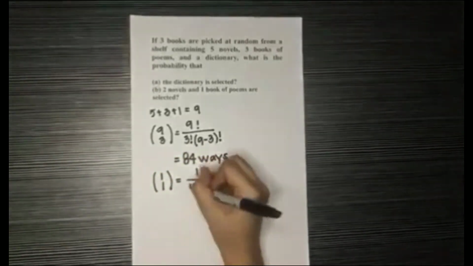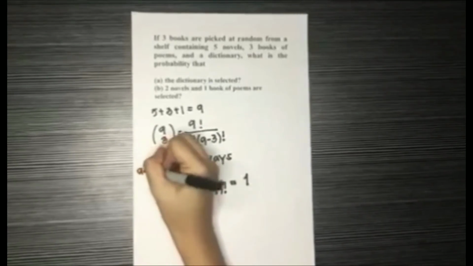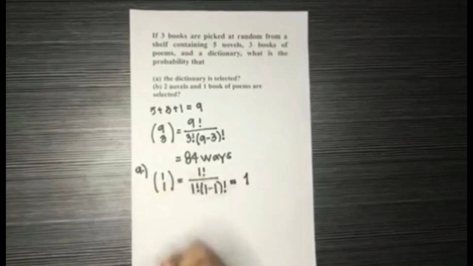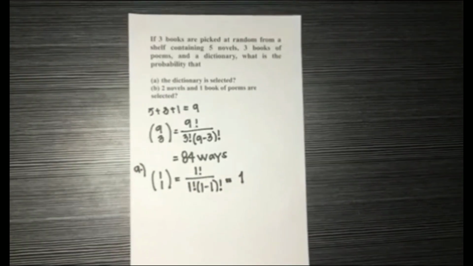The number of ways to choose 1 out of 1 dictionary is 1 way. Among the 9 books, there are 8 non-dictionaries.